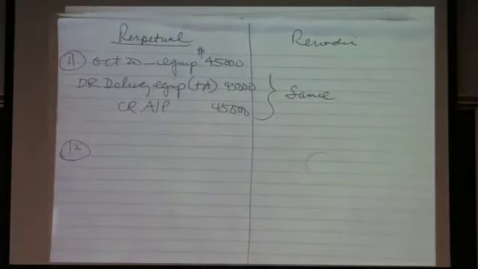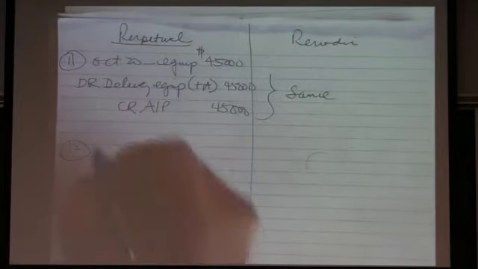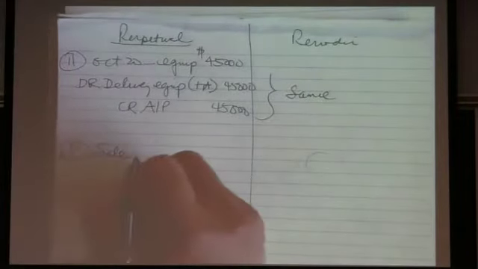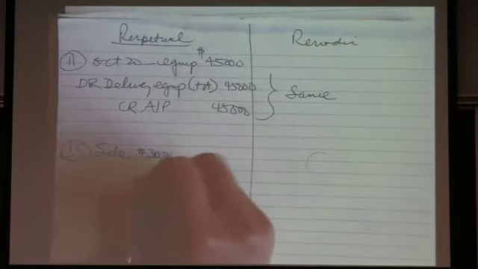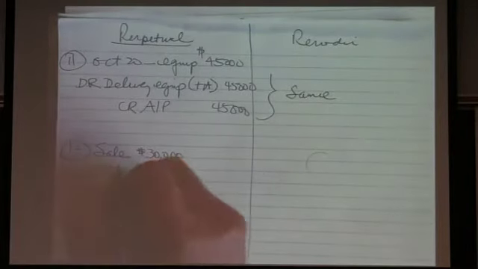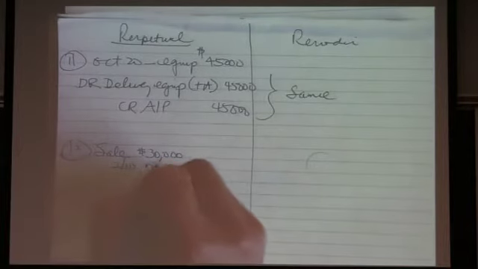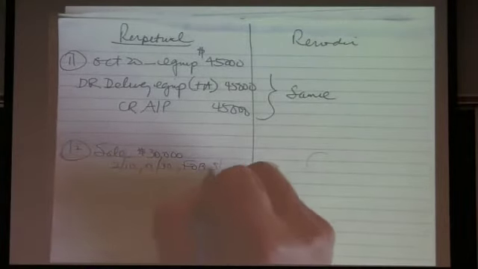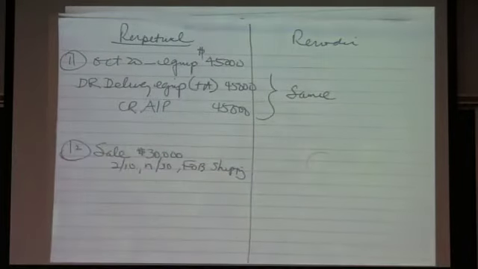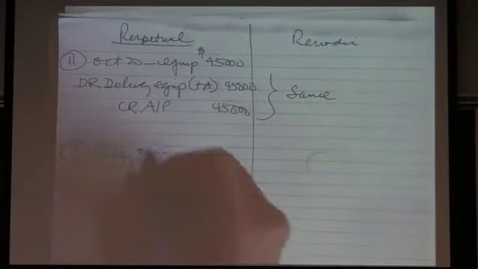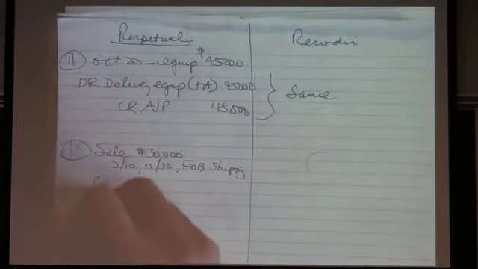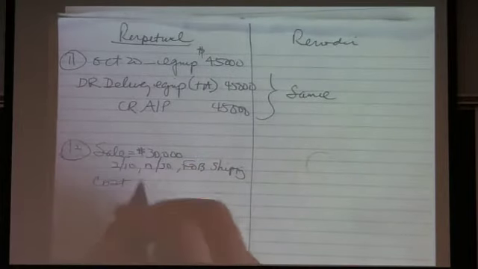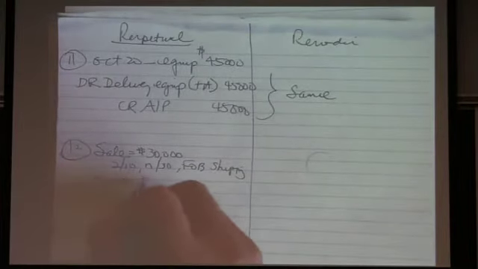Number 12. It says that we sold merchandise for $30,000 to another customer, and we gave them 2/10, net 30, and it's FOB shipping point. And the cost for the same goods was $18,000.